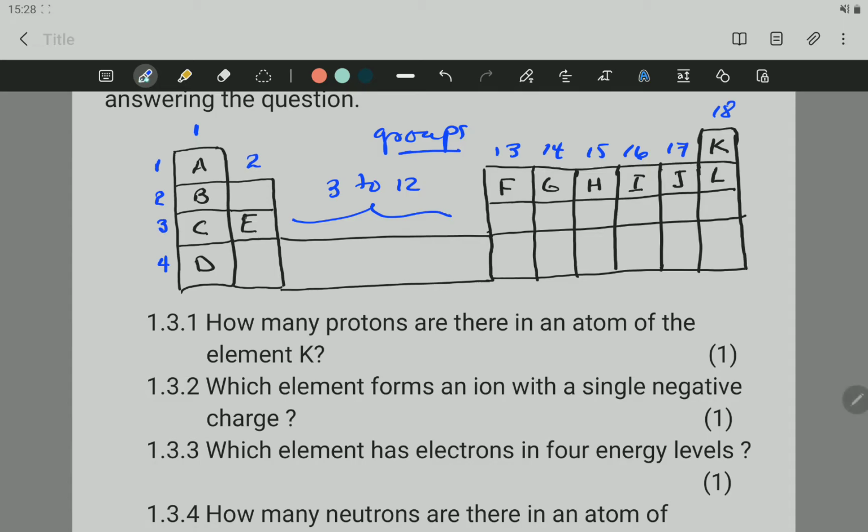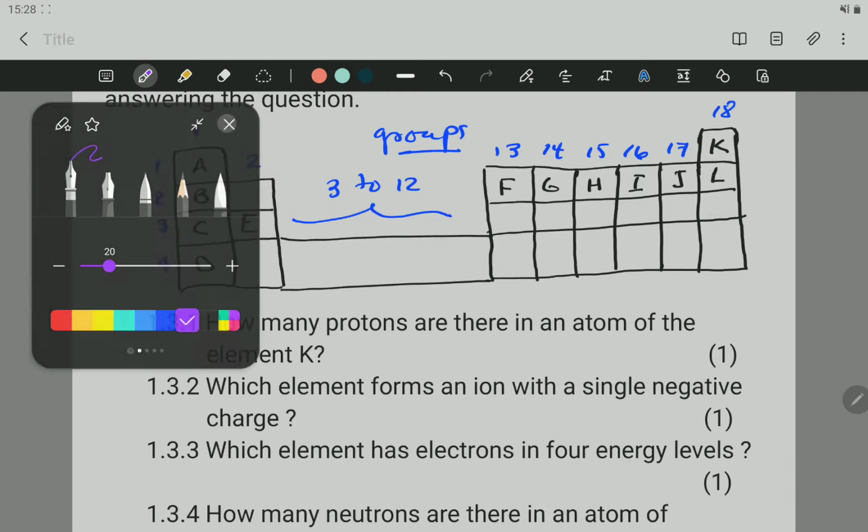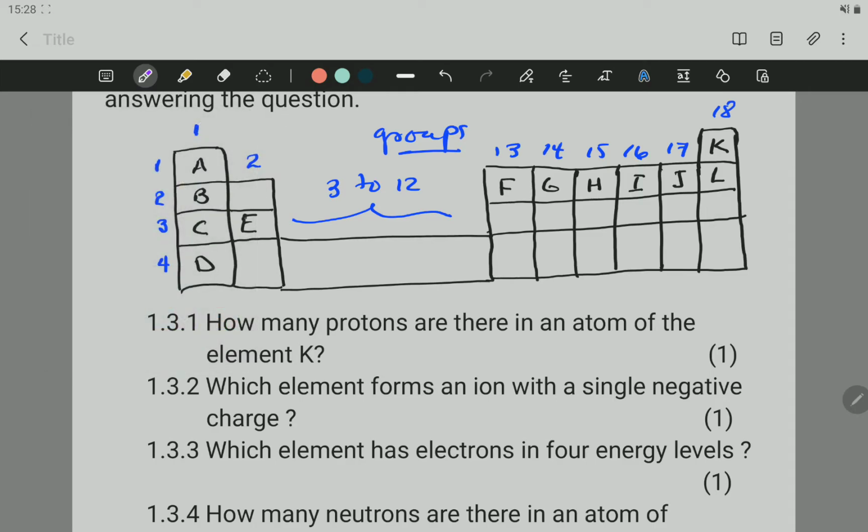So, the first question here says, how many protons are there in an atom of element K? Remember, K is not a real atom, it's just a letter, okay? So, we have here A. Remember, the atoms are arranged by increasing atomic number.